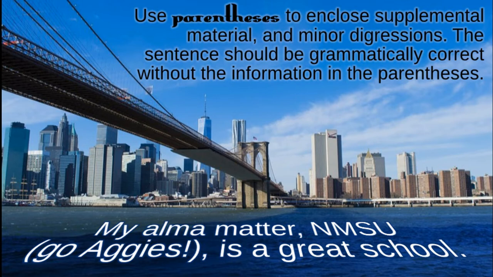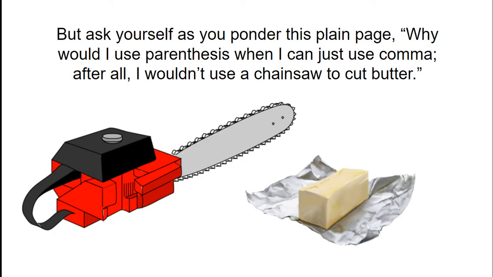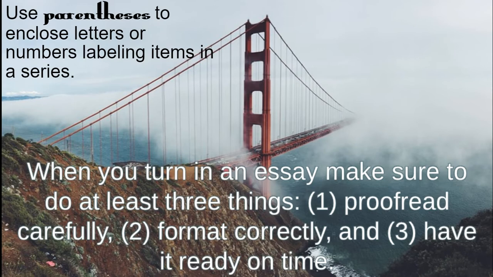So don't use parentheses unless it's really extra. Okay, extra. And here's my metaphor. Would you use a chainsaw to slice off a pat of butter? No, you wouldn't. And that's really using parentheses just to put it around regular extra information doesn't work. So do be careful.